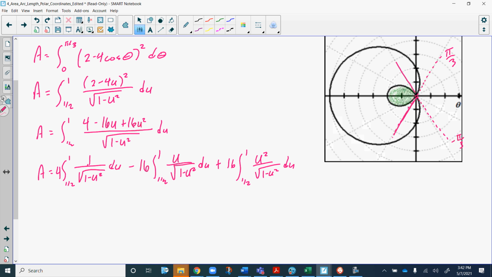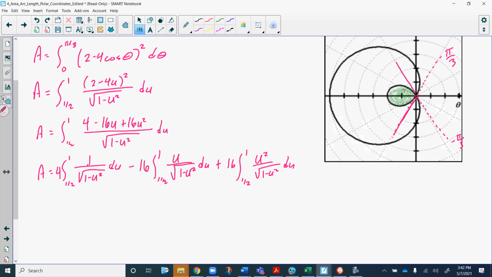And this is not at all something that I think is going to be reasonable time-wise to do on any non-calculator question on an AP test. Because trying to now do the antiderivatives of those three respective pieces is going to get really ugly and really time-consuming and really tedious.